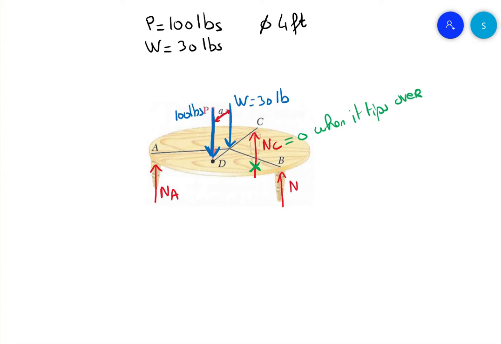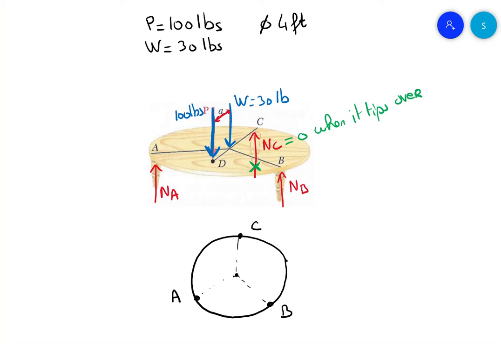If we look at the top view of this table, just imagine that it's a perfect circle. We also know that the 3 feet are at 120 degrees from each other. So we have C, we have the center, we have B, and we have A. Okay, so 120, 120, 120.